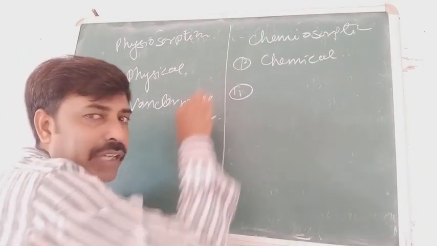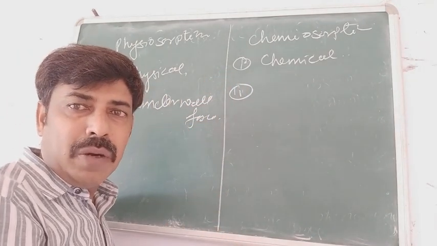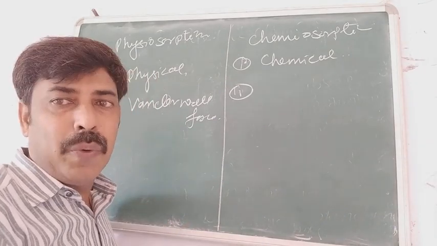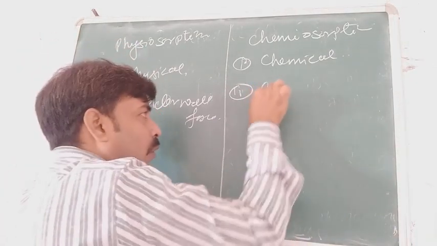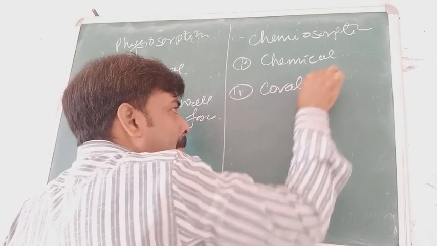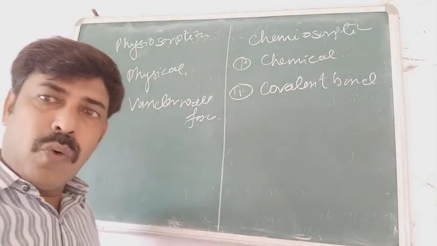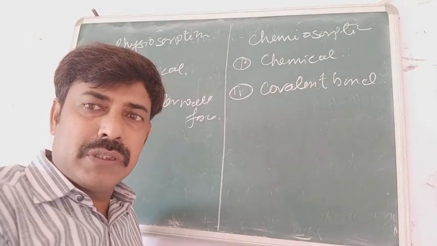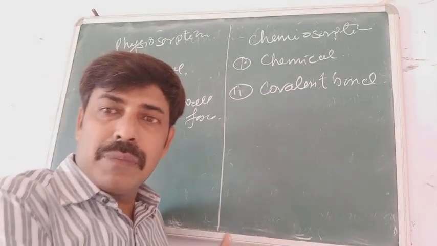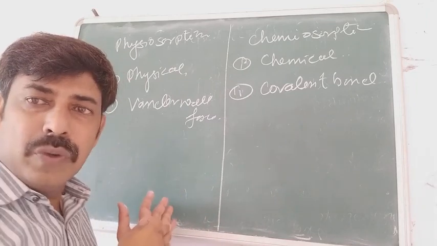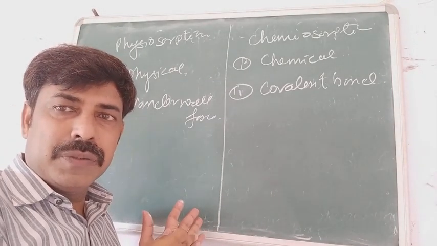But in the case of chemisorption, it will not be a van der Waals force, it will be a chemical force, and that chemical force is called a covalent bond. So it is the covalent bond which is responsible in the case of chemical adsorption, and van der Waals force in the case of physical adsorption.